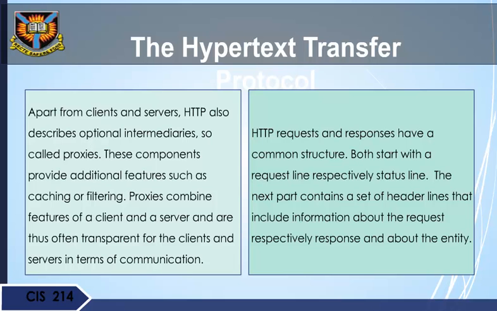Proxies combine features of a client and a server and are thus often transparent for the client and servers in terms of communication. HTTP requests and responses have a common structure. Both start with a request line, respectively status line. The next part contains a set of header lines that include information about the request, respectively response, and about the entity.